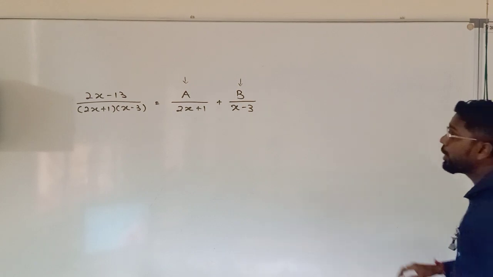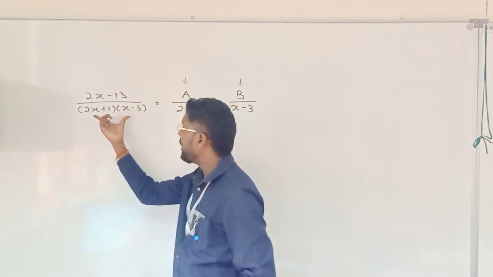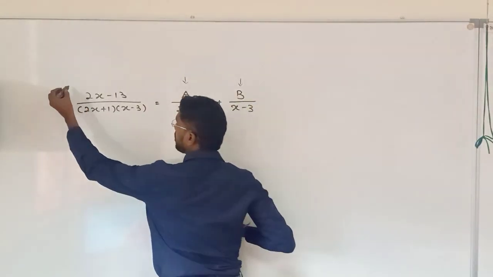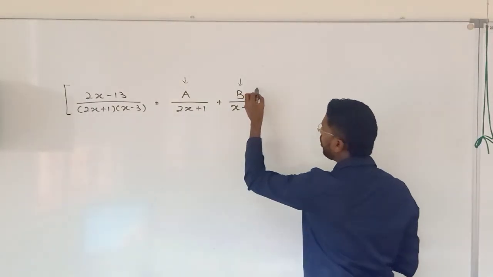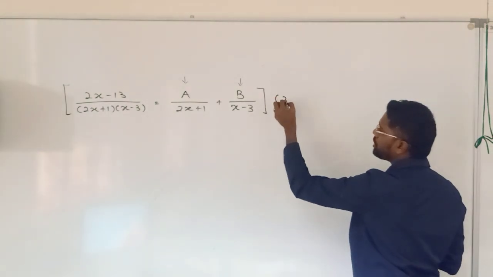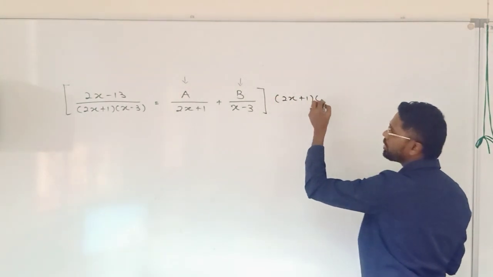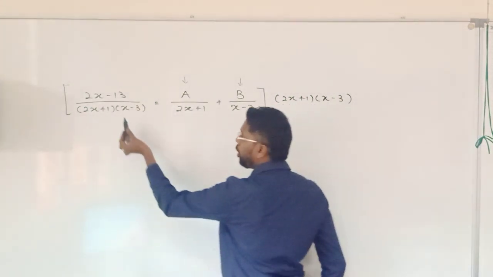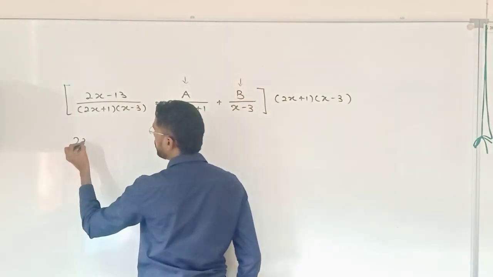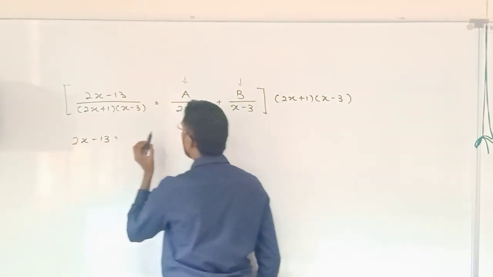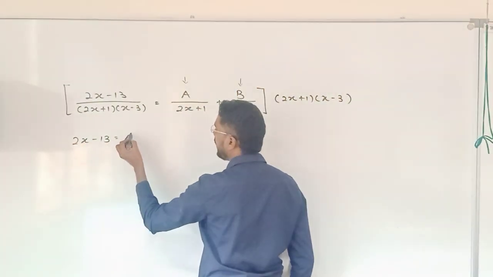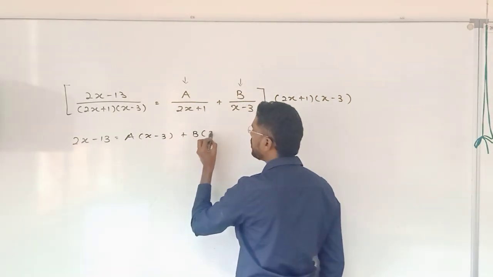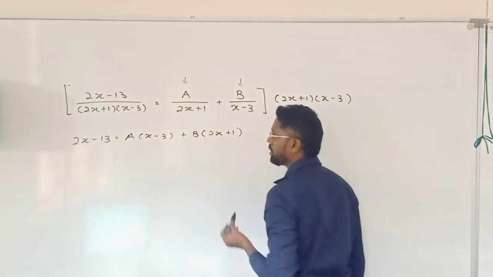So what we're going to do is multiply the whole function with this denominator, 2x plus 1 times x minus 3. Therefore, on my left hand side it's going to be only 2x minus 13, and on my right hand side it's going to be a times x minus 3 plus b times 2x plus 1.